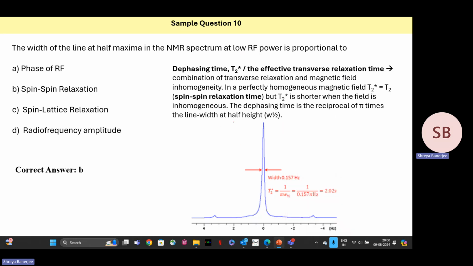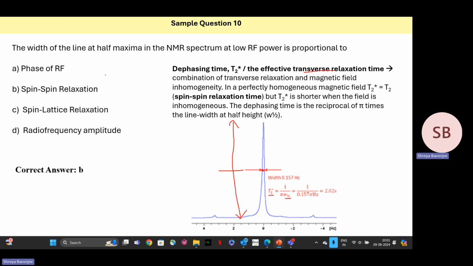You take half of the maximum height and you take the width of the spectra. You can see this width of the spectra at half of the maximum height. That is represented by W half. So if you take 1 by pi W half, you will get T2. That is the spin-spin relaxation or transverse relaxation.